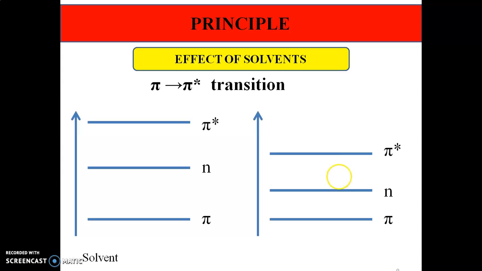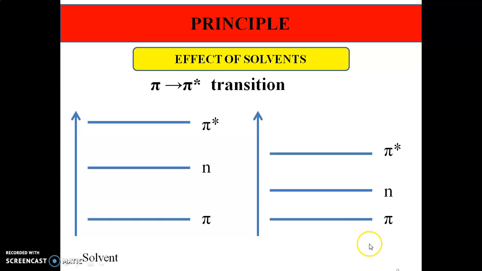This lowers the energy of the pi antibonding orbital. So the distance between pi and pi antibonding orbital decreases, that is, it is lowered. If the distance decreases, a lesser amount of energy is required for the pi to pi antibonding transition, and if lower energy is required, the transition will occur at a higher wavelength.